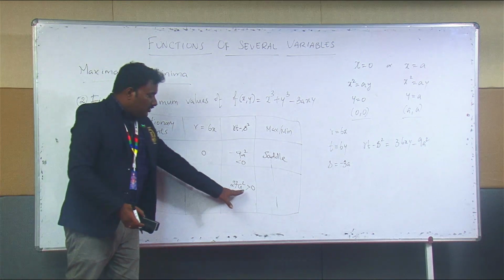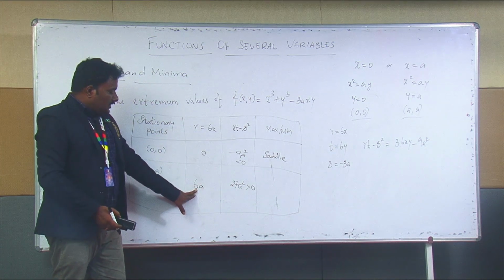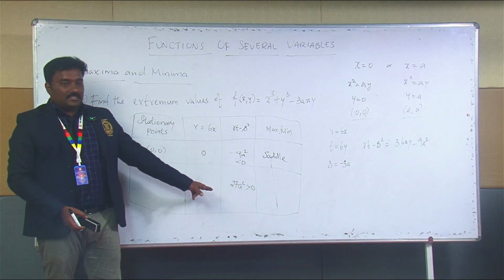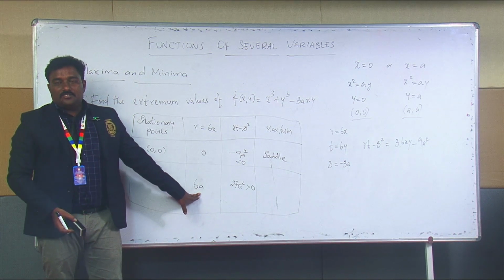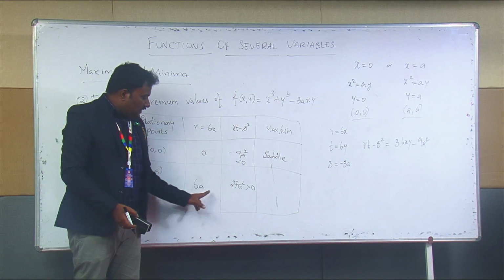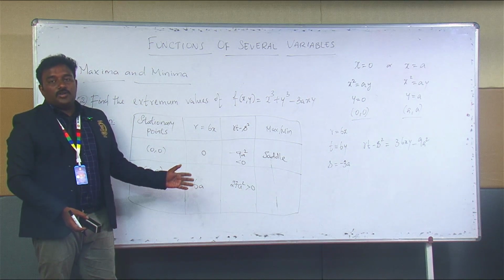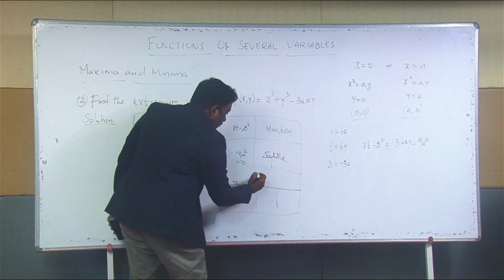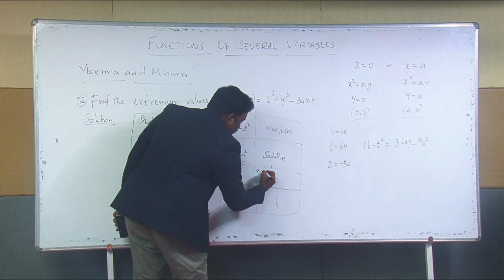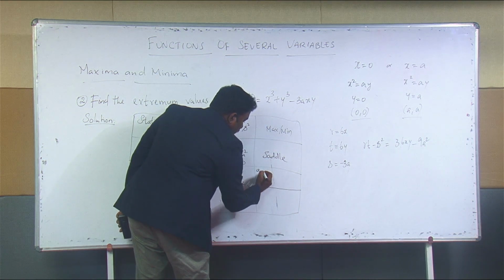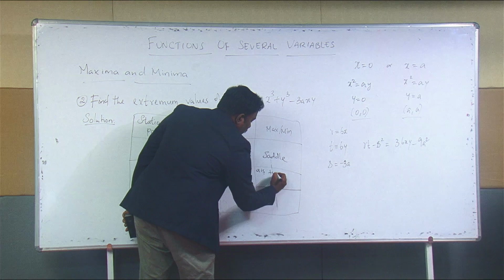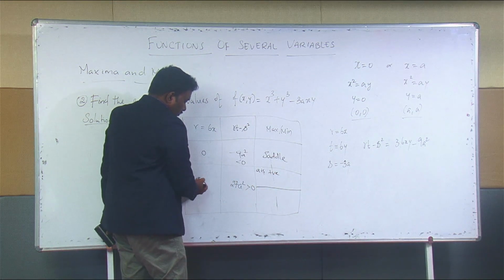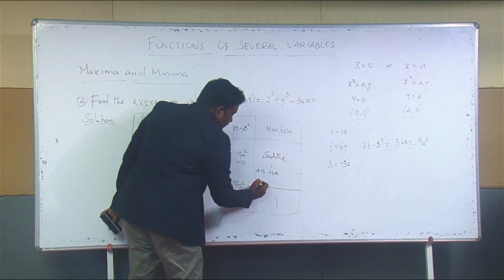So if it is positive, then we have two cases here, right? If a is negative, this 6a will be negative, and if the a value is positive, then the 6a will become positive, right? So we divide this here. If a is positive, then this will become positive, so that is called a minimum point.